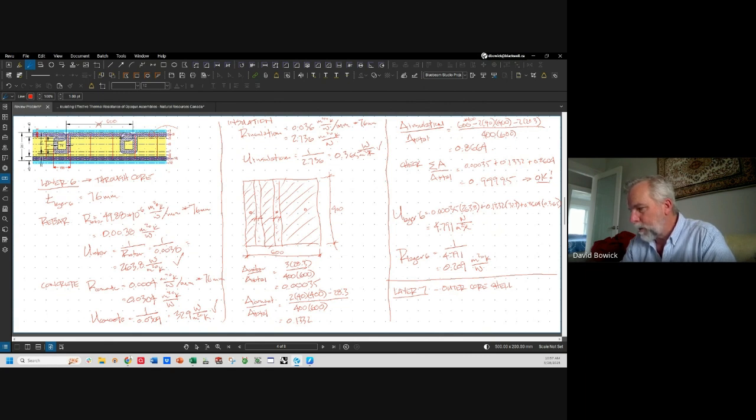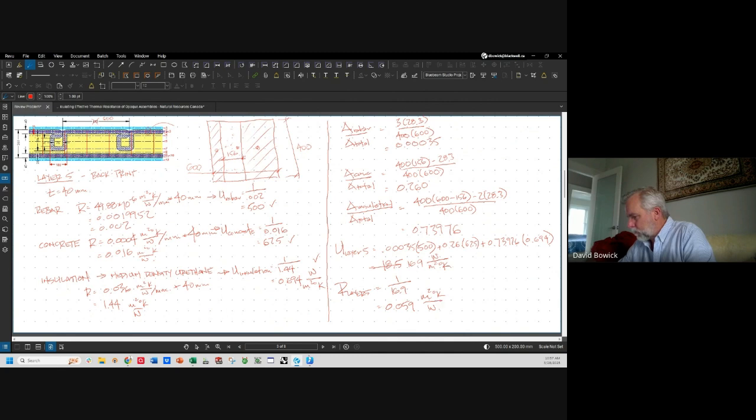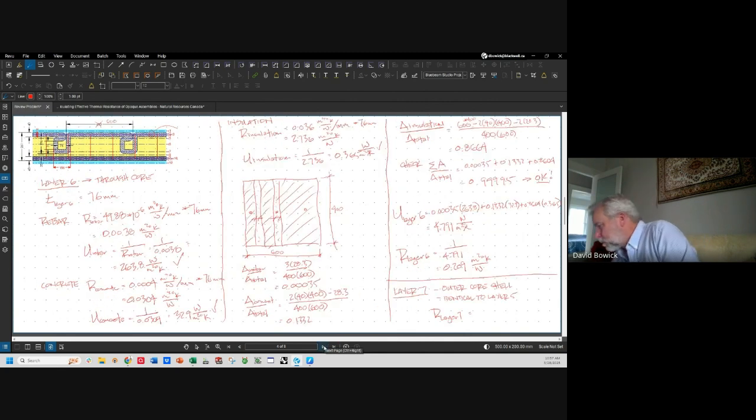I mean, we're forgetting the radiuses, so we're saying layer 7 is identical to layer 5. R layer 7 equals, back here, 0.059 meters squared degree Kelvin per watt.